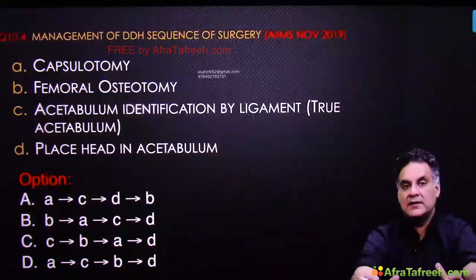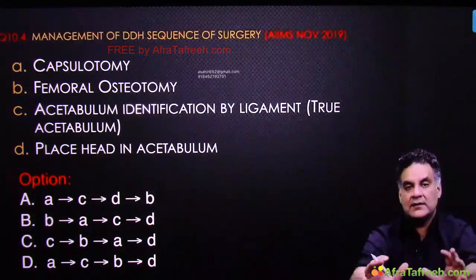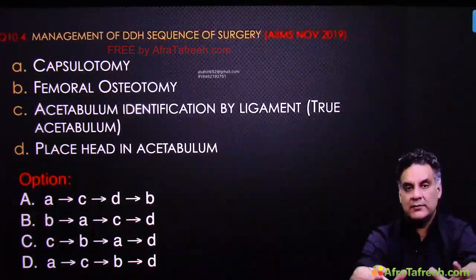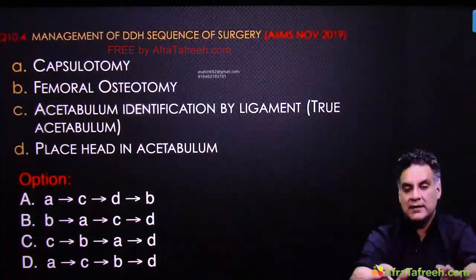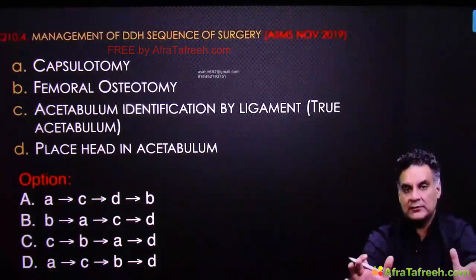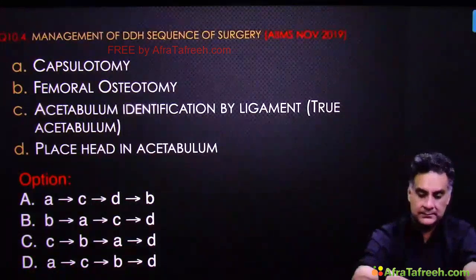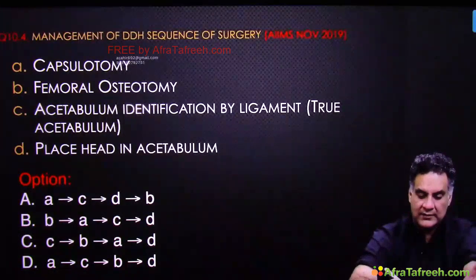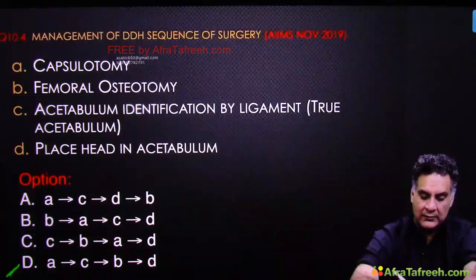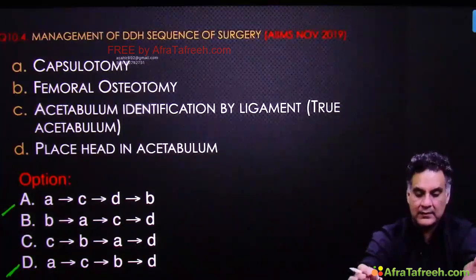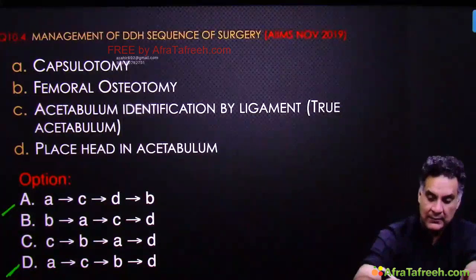Management of DDH. Sequence of the surgery: capsulotomy, femoral osteotomy, acetabular identification, place the head in acetabulum. So first open the joint, so the first step will be A. The two answers can be correct. Second, identify the acetabulum.